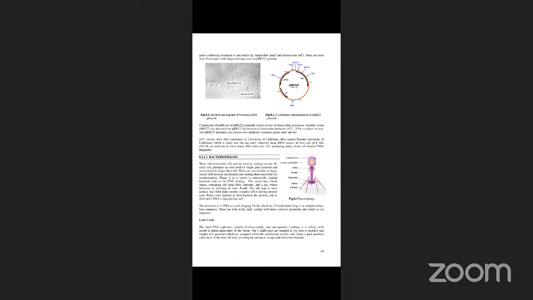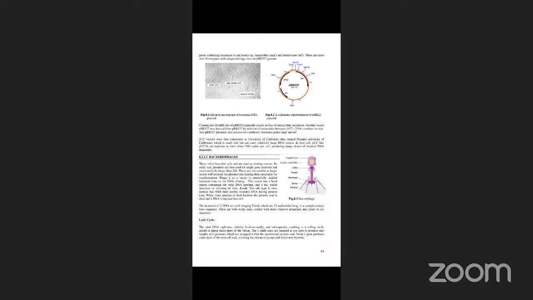Then bacteriophages. Bacteriophages are the viruses which infect bacteria. Even these bacteriophages can be used as vectors to introduce foreign DNA into the bacteria. If the insert or genetic material is more than 2 kb in length, then a bacteriophage is used.